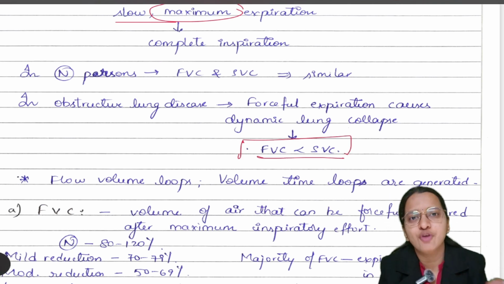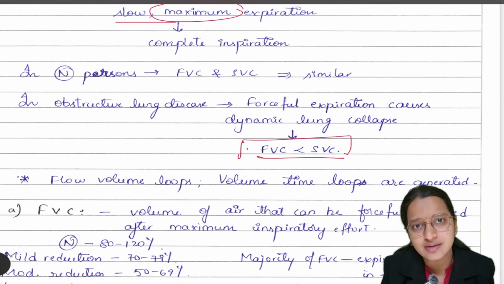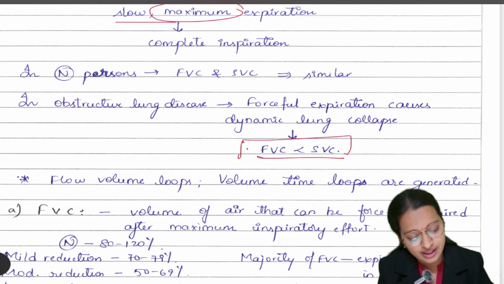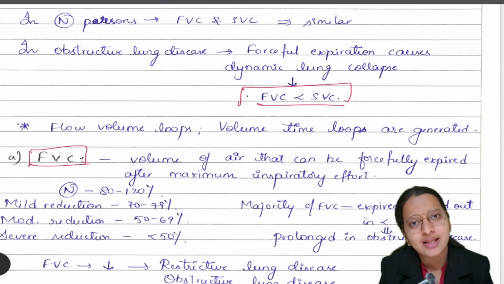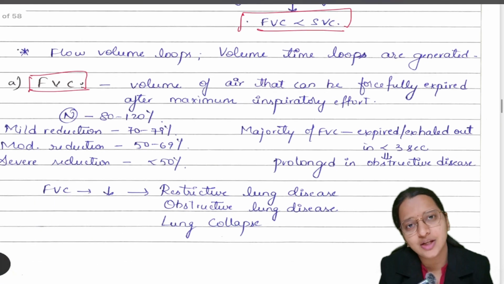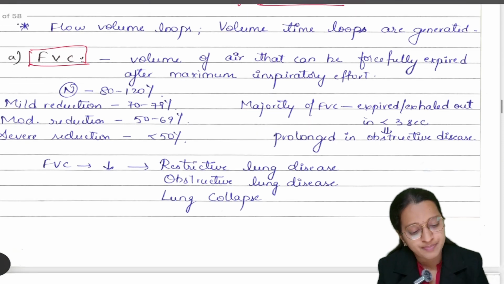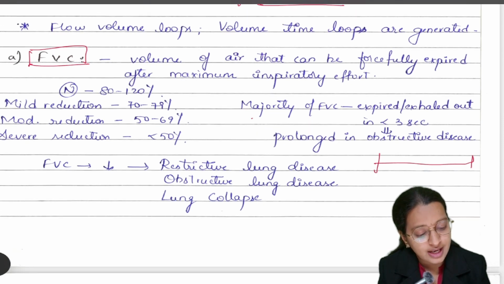So you have to perform the maneuver and you have to calculate certain things, right? So the first one is forced vital capacity. That means the volume of air that is forcefully expired after deep inspiration, right? So generally in normal individuals, almost the majority of the FVC would be exhaled out in less than 3 seconds.